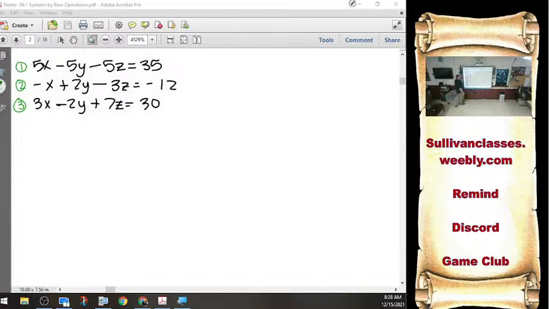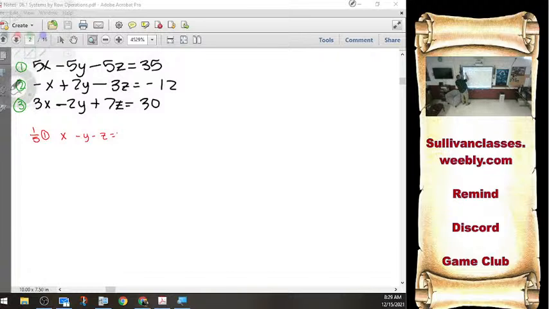So, the first thing I'd like to do, can I clean any of these up? Do they have a common factor along any of these equations that can be reduced? Okay. So we start writing out our process. I'm going to say this is 1/5 of equation 1. x minus y minus z is 35. And I have not touched equation 2 and 3. Oh, that's 7.